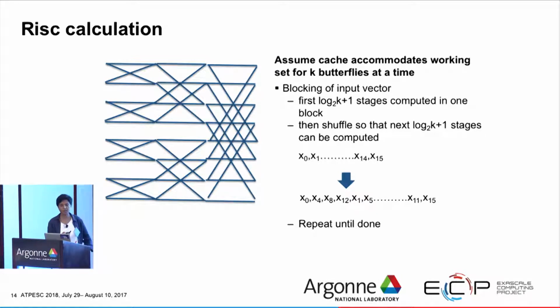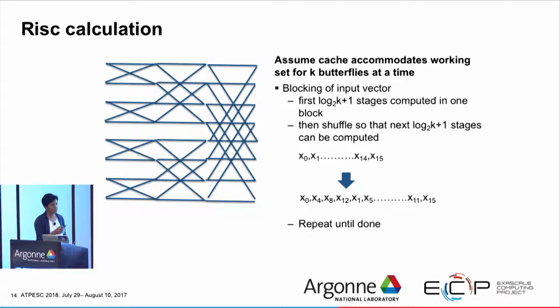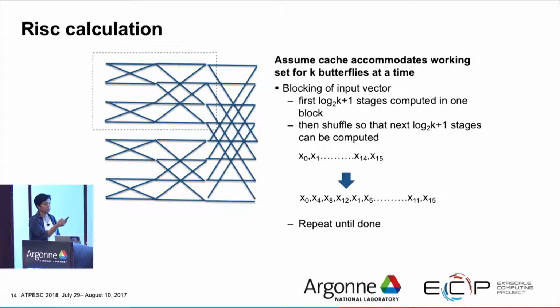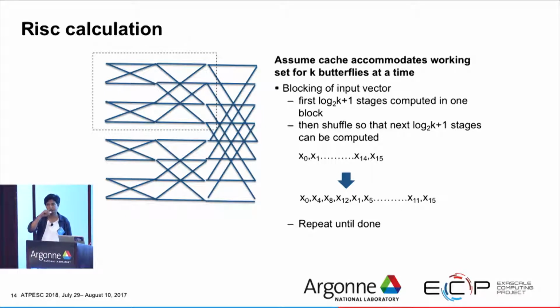For the RISC calculation, what changes is that instead of applying the butterfly of one stage to all of the data points that you have at the beginning, you pick a subset of data, and you do a set of k butterflies at a time.